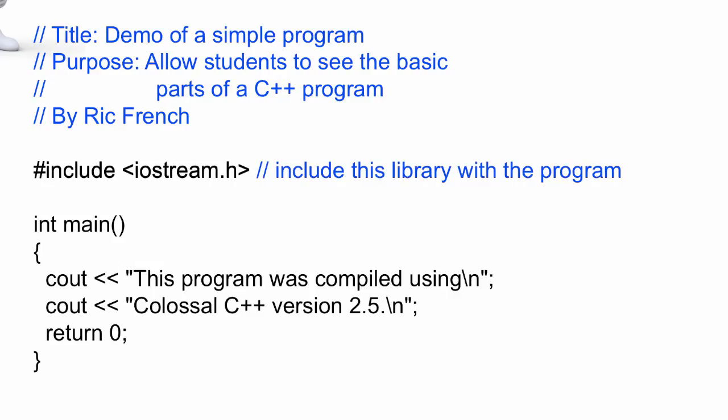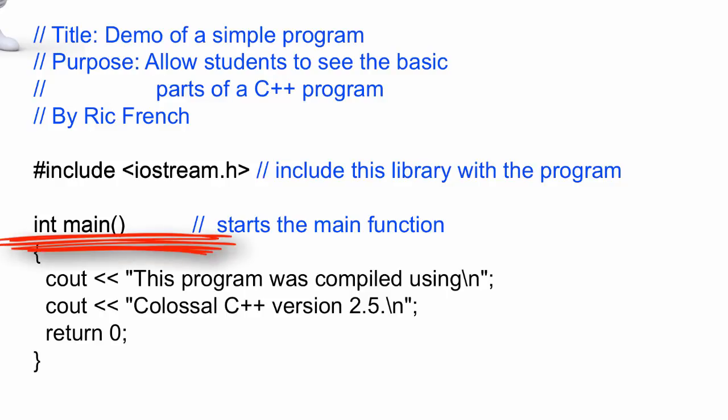So we said that #include was the inclusion of a library of little functions with the program. And there must be 1,000 different libraries for C++. They do all kinds of things like engineering functions and advanced math functions and drawing functions, all kinds of things. This is the main function, int main parentheses, which starts the main function.